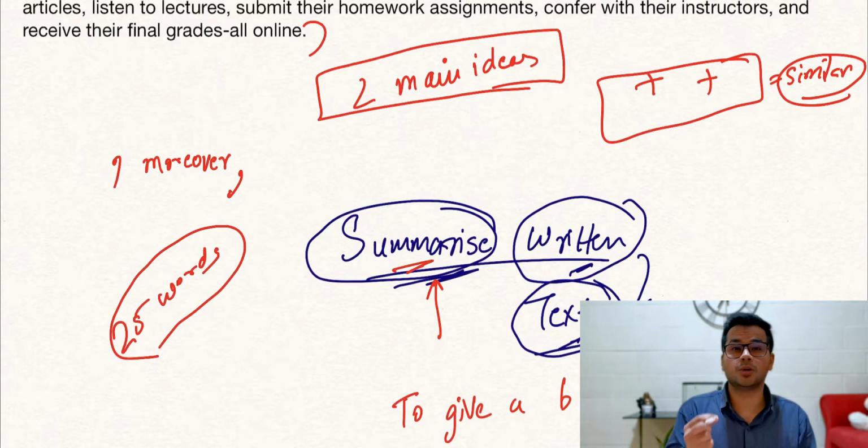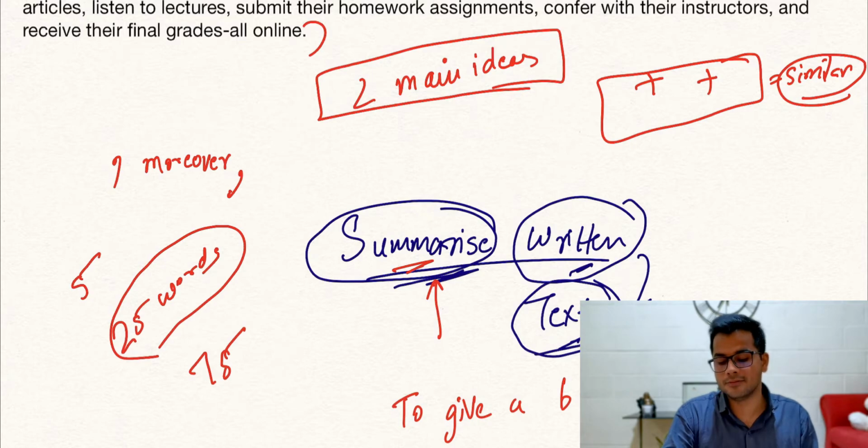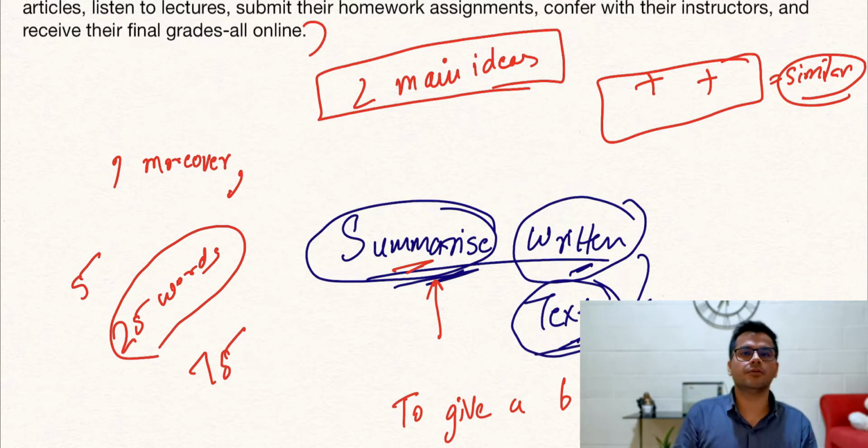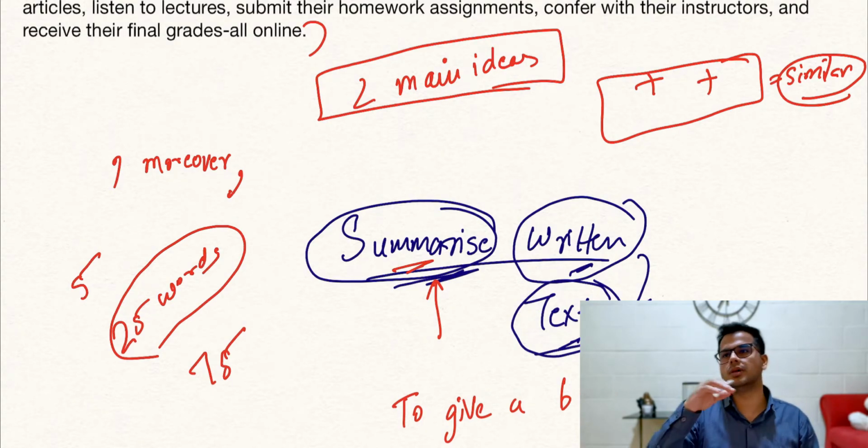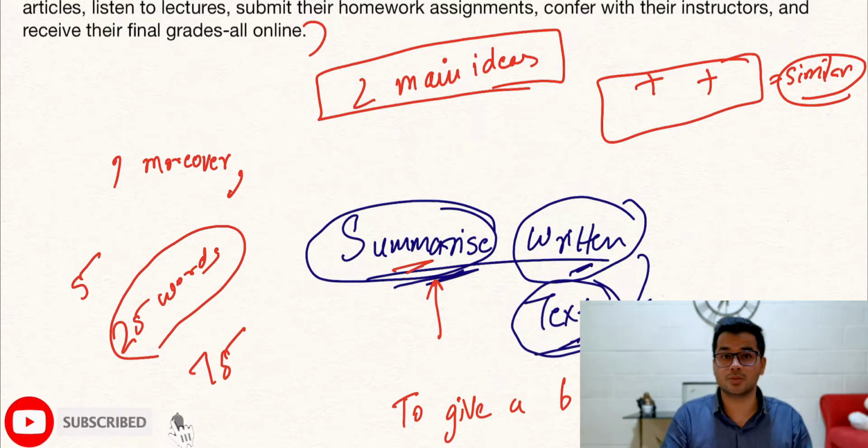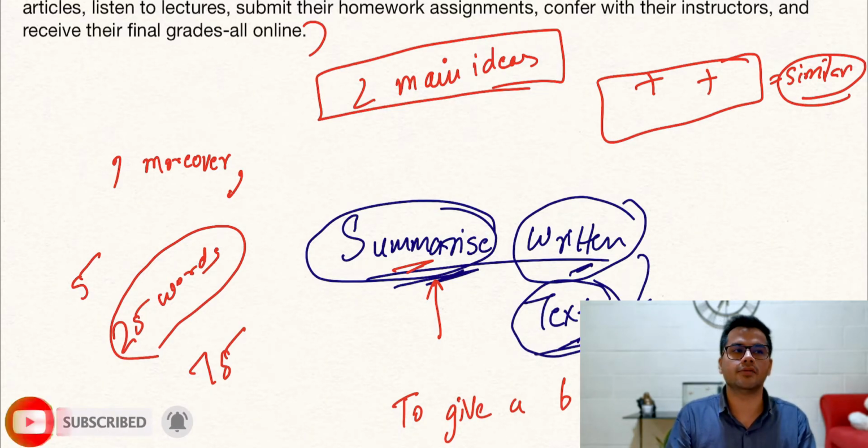But again, guess what? One thing we need to understand, the requirement of this topic is being met. The word limit that the computer is asking from you is anywhere between 5 to 75. They aren't saying that you have to type as close to 75 as possible. They just want to see, is your word count between 5 to 75 or not?